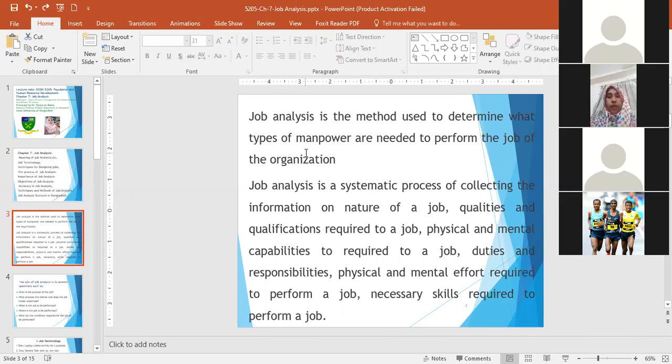So all types of qualities of an employee are explained here. That means job analysis is a method used to determine what types of manpower are needed to perform the job of an organization.